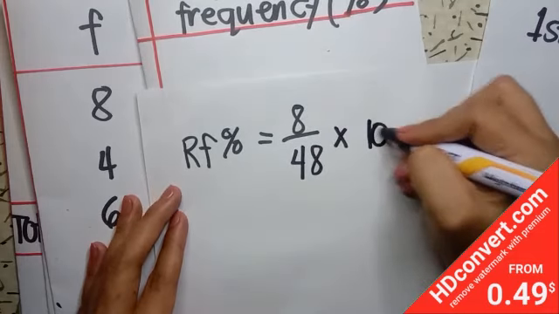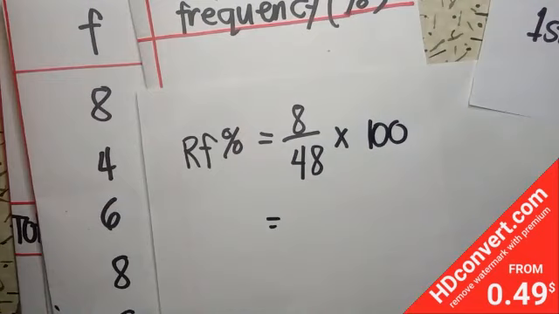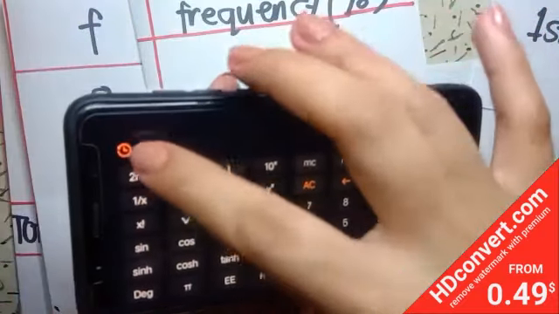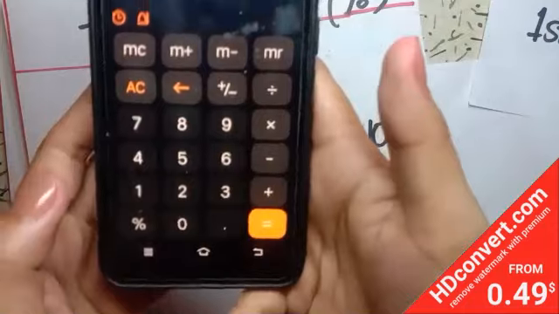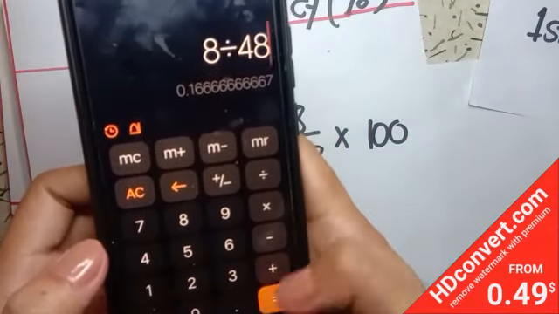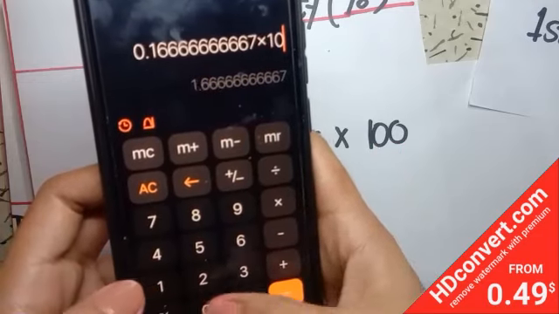Times 100 is equal to. Let's use a phone to multiply. We have 8 divided by 48 times 100.